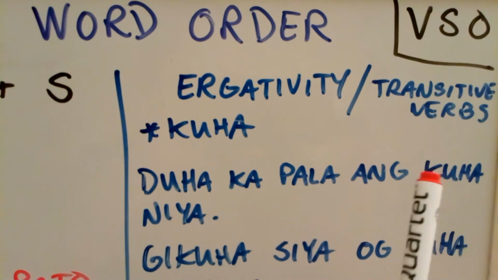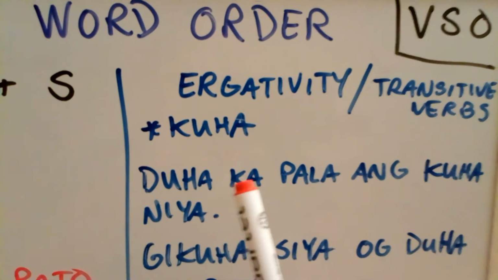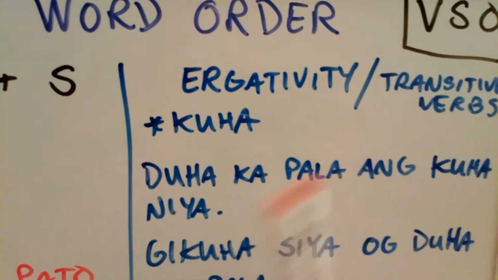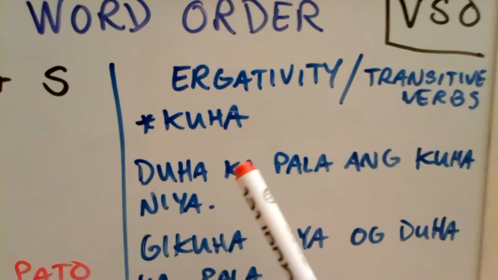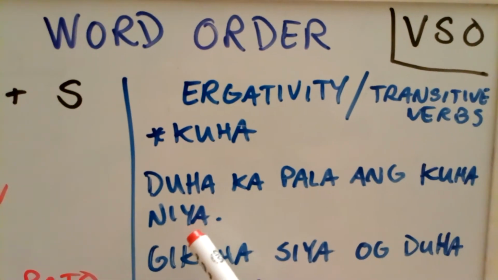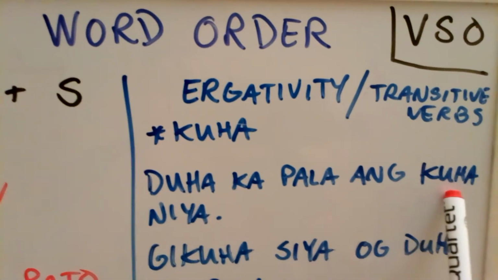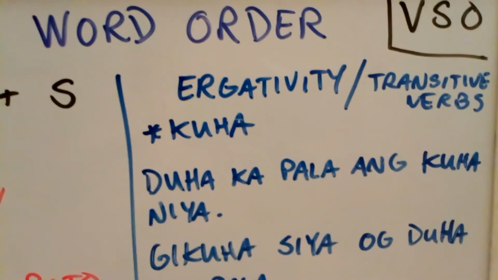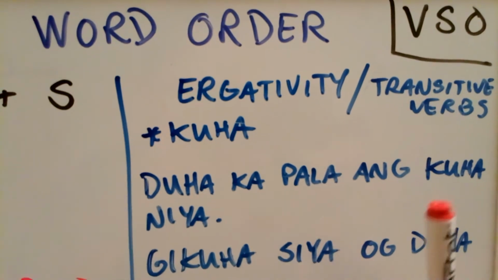And if you forgot the ergative forms of the pronouns, you can just go back to the other videos I made a while back. There's already a form for that in the ergative case. So this is written in the ergative case, while ang kuha, the taking, is in absolutive focus.